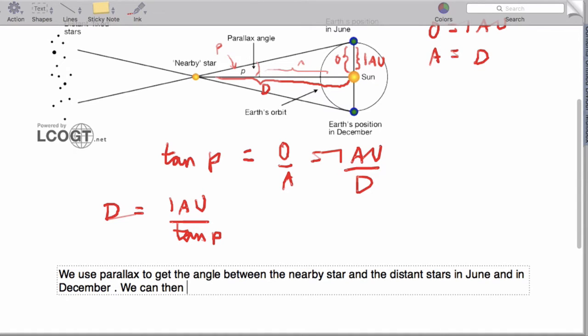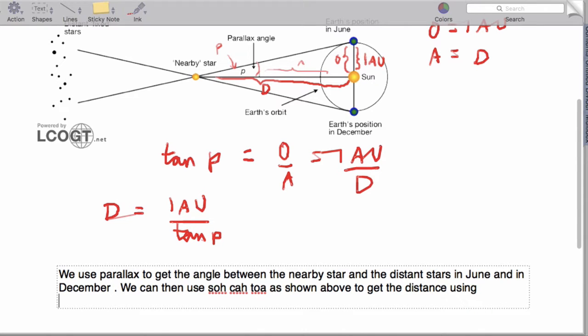We can then use SOHCAHTOA as shown above to get the distance using trig and the parallax angle.